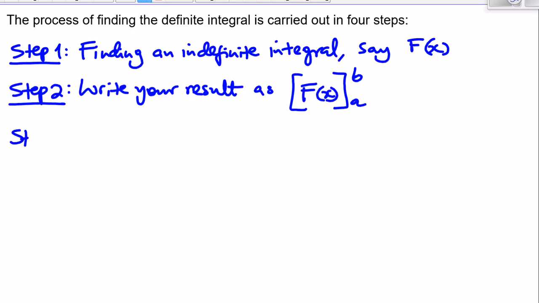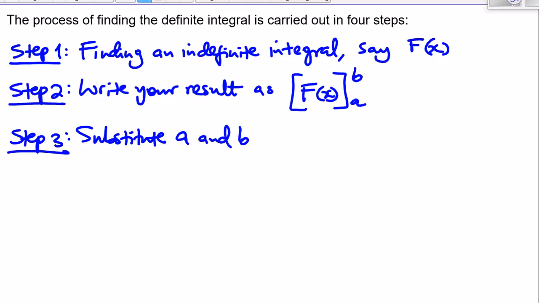Step 3 will be you substitute a and b into F of x.